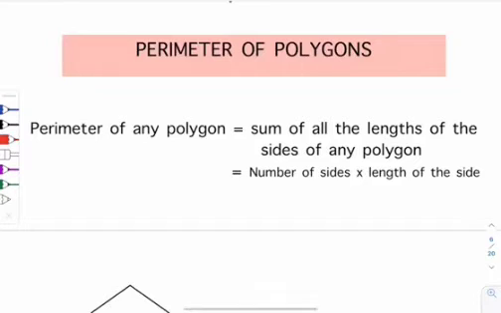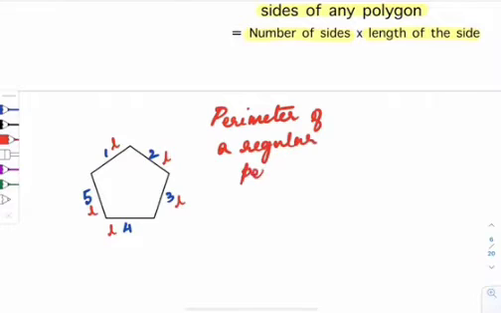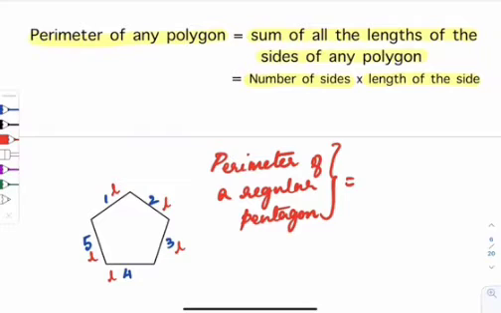See, perimeter of any polygon is equal to the sum of the lengths of all the sides of the polygon. This sum can be found out by checking the number of sides the polygon has multiplied by the length of the side, and it is a regular pentagon. A 5-sided polygon is nothing but a pentagon. So perimeter of a regular pentagon is equal to, we will follow the same formula, number of sides.